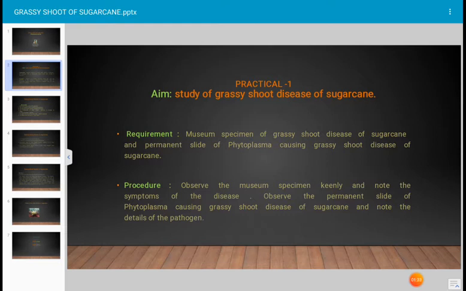In the laboratory we can see the small part of the grassy shoot disease in the museum specimen, and we can see the permanent slide of phytoplasma which causes grassy shoot disease of sugarcane under the microscope. And we have to note all the details of this phytoplasma, its structure, shape, size, and all other characteristics. We also have to write the symptoms by observing the specimen in the museum bottle. Okay, next.